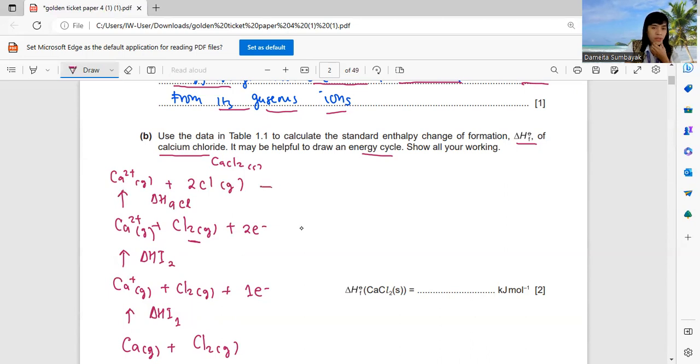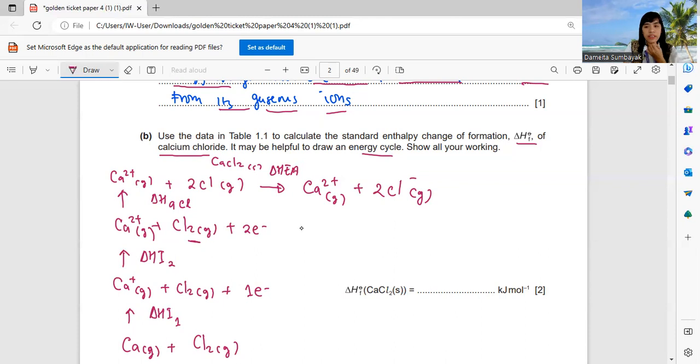Next, from here, we can make the ions. We convert to Ca2+ plus 2Cl- gas. This is gas. We call this delta H EA.